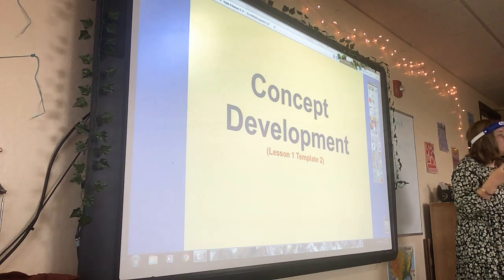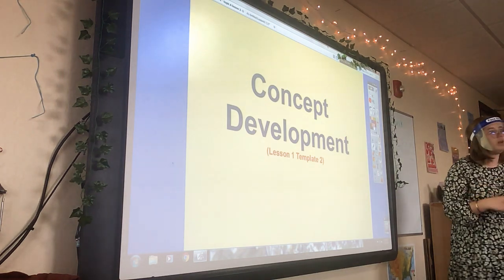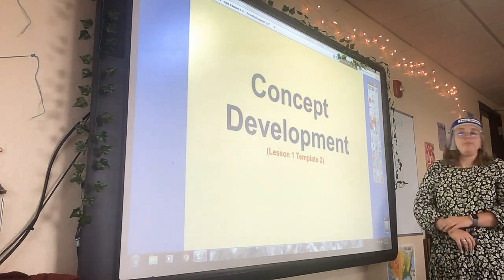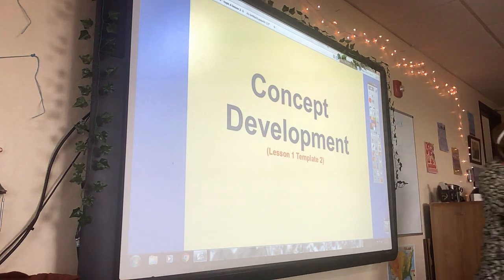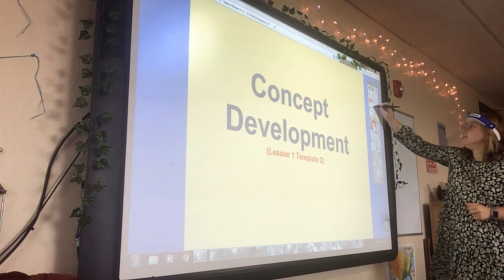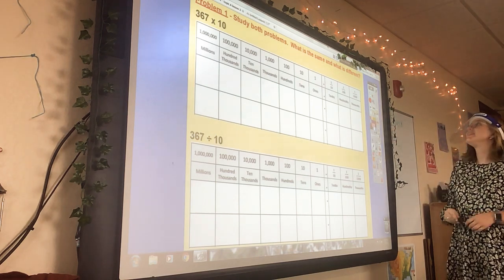Your focus right now, so you can put your whiteboard underneath your notebook if that's going to be more helpful, or you can put it in your desk, whatever you got, okay? Right now we're going to discuss a little bit of what we see on these next problems. You don't even really need to write much right now. Look up here. It says study both problems. What is the same and what is different?